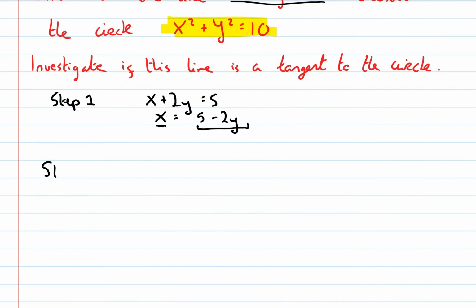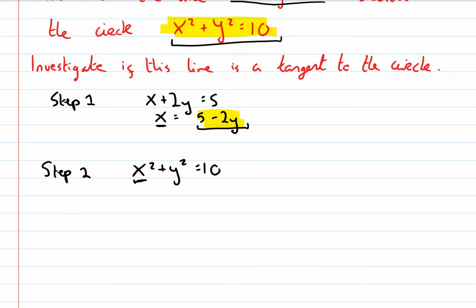Next step then, I'll take the equation of a circle, x squared plus y squared equals 10. But instead of writing in x, I'll put in the 5 minus 2y.